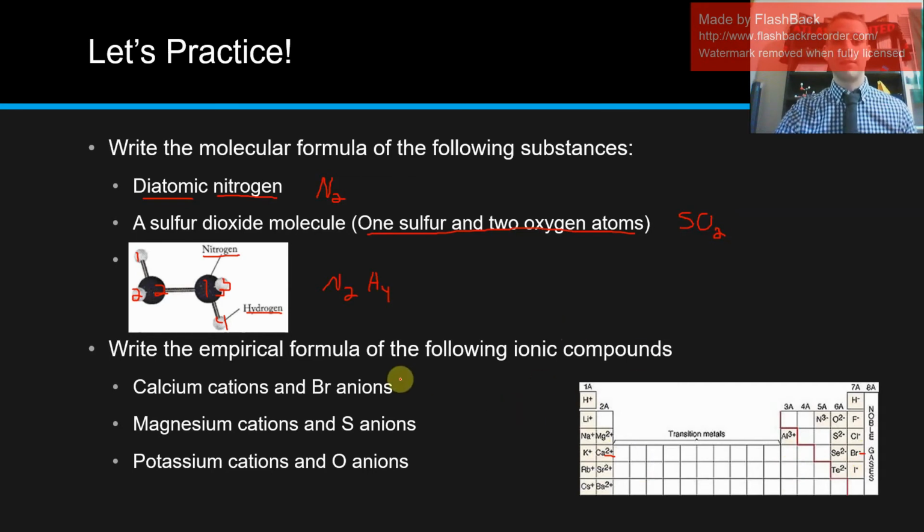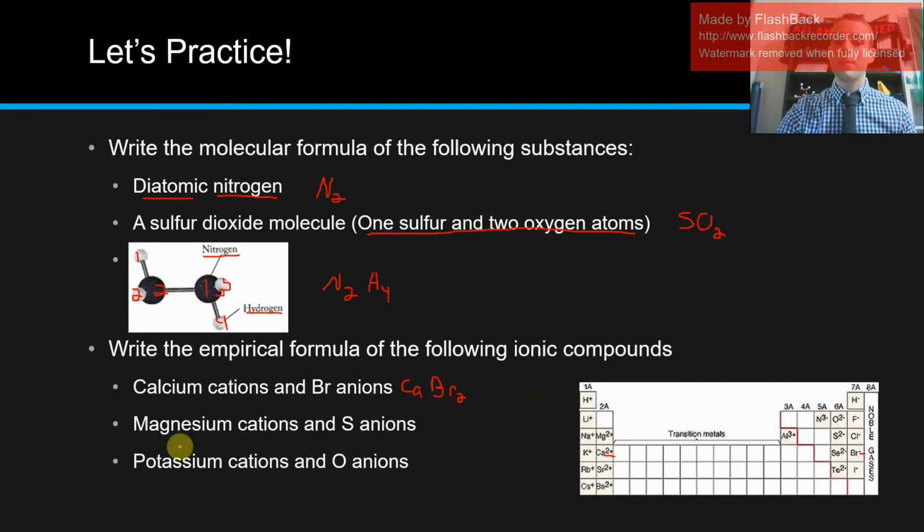And so, in order to have that overall neutral ionic compound, we have to do CaBr2. So the 2 bromines provides overall 2- charge, calcium provides the plus charge, giving an overall neutral charge.